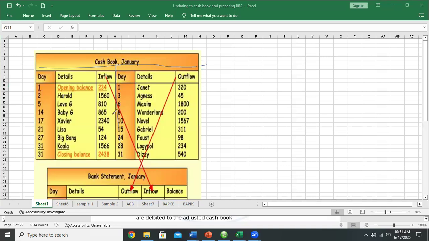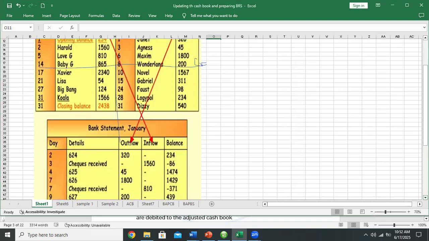So this is our bank account. Then this is the bank statement. Now look at what is interesting. The credit side of your bank statement corresponds to the debit side of your bank statement. I think you appreciate the picture I showed you earlier, right?